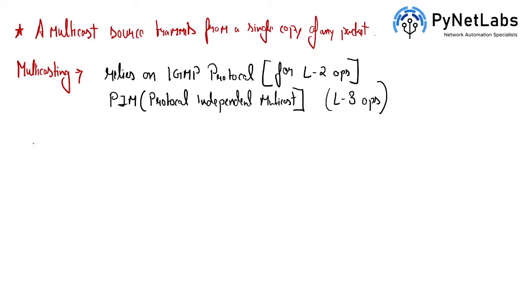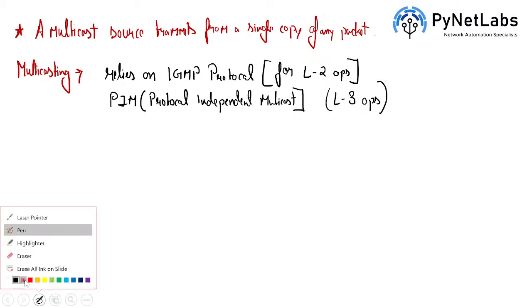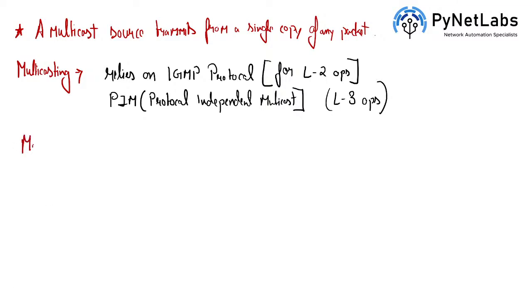Whenever we are talking about the multicast architecture, here is a quick scenario to make you understand what exactly the multicast architecture is. With a simple diagram, I'll be explaining it. Let's take a simple scenario where we have a server here, and this is a media server, we can assume.